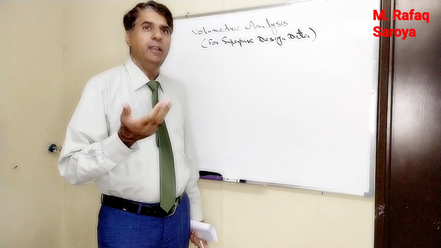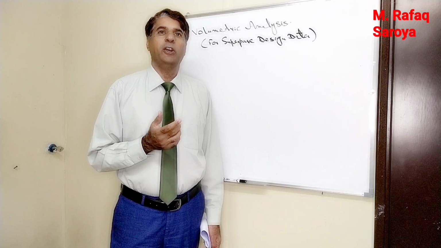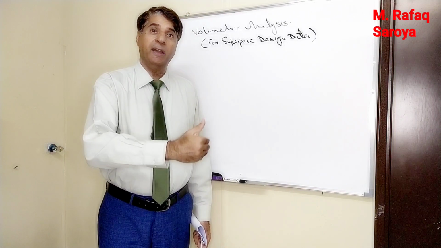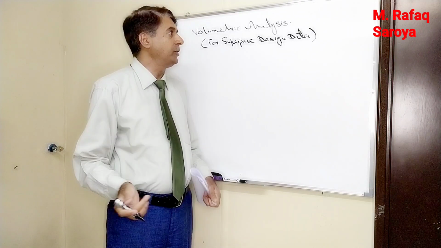I have already uploaded my lectures about this volumetric analysis, but because I have to use all these values in my coming calculation, that's why I will go on explaining it again over here.